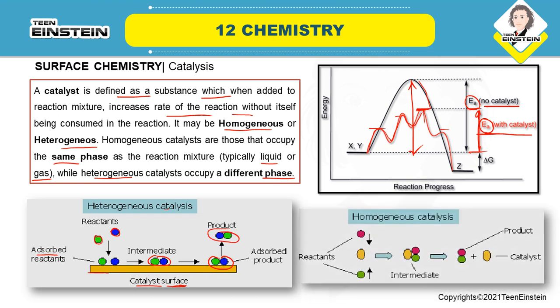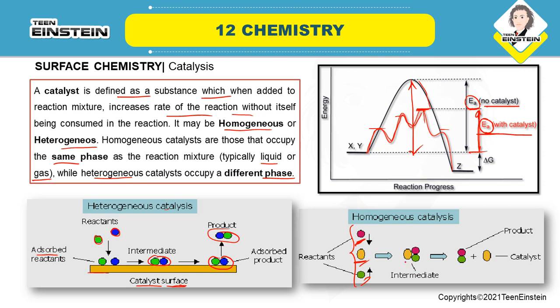So this is heterogeneous catalysis. And if it is homogeneous catalysis, obviously there will be no solid surface, because it is homogeneous, so there will be only a single phase. Suppose there are two reactants, and this is the catalyst, but all are in the same phase. Unlike the previous picture, we do not have any catalyst surface.